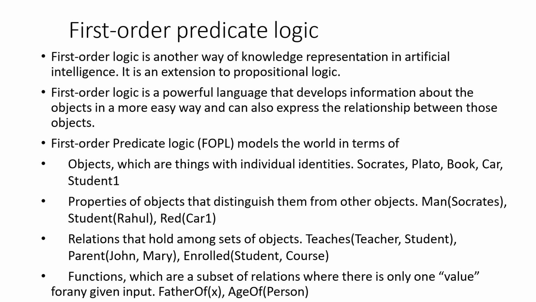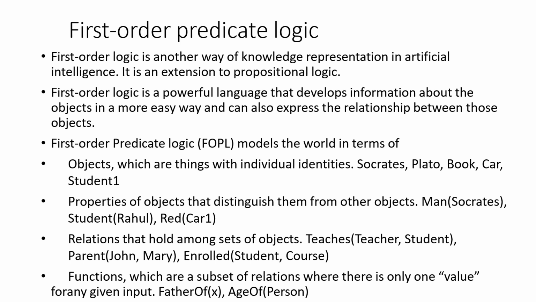But first order predicate logic talks about objects, their properties, and relationships. So first order predicate logic is more powerful because it can describe real world information in a structured way. It does not treat everything as a single symbol. We have already seen that in propositional logic, everything is represented as one symbol. But here it is different.